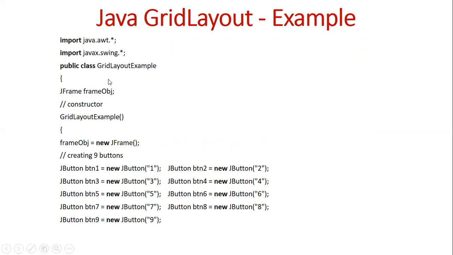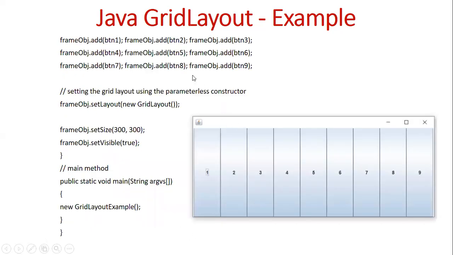This is the example program for grid layout. Here, the class with the name GridLayoutExample is created. Inside this class, a frame is created. It is going to be the container object. Apart from this container object, we are creating 9 button type components also. Now, these button components are added to the frame object.